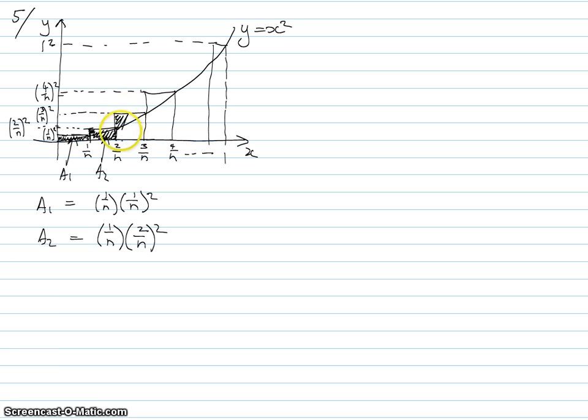If we look at A3, A3 has a base here, and this base between here is going to be 1 over n. The height is now going to be 3 over n squared, because that's the height of this point, right? Then this one is my A4.